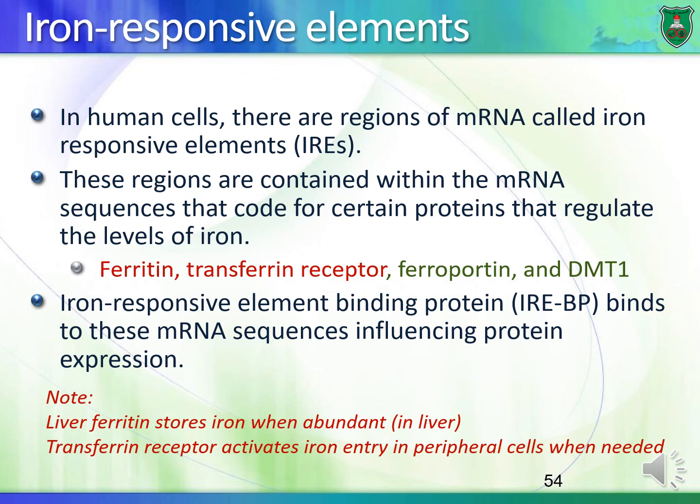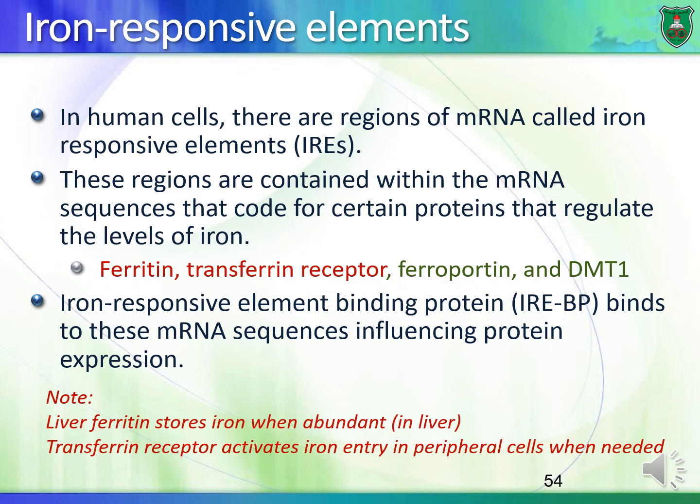And these mRNA molecules are the ones that produce proteins that are responsible for regulating the levels of iron in our body, in our system, including ferritin, transferrin receptor, ferroportin, and divalent metal transporter 1. So these proteins are involved in regulating the level of iron in our system.